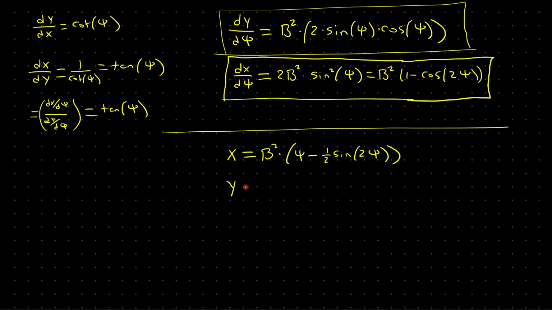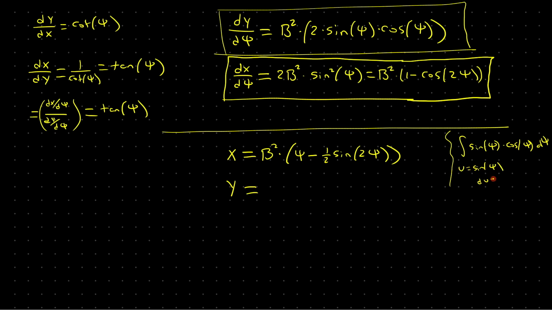and the second antiderivative with respect to psi is a little bit more complicated, but it's not too bad. It's going to be done by a u substitution. You basically have the integral of sine of psi times cosine of psi d psi, and you do a u substitution of u equals sine of psi.